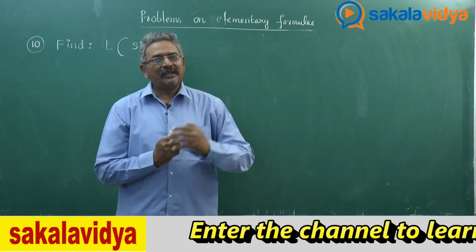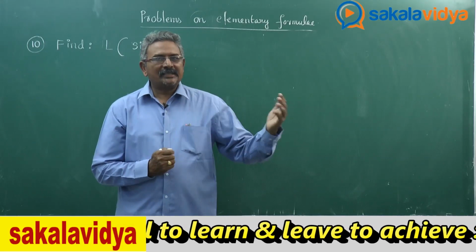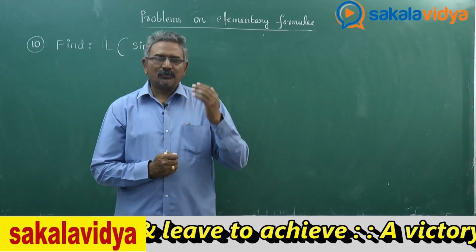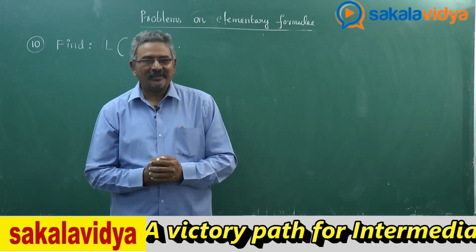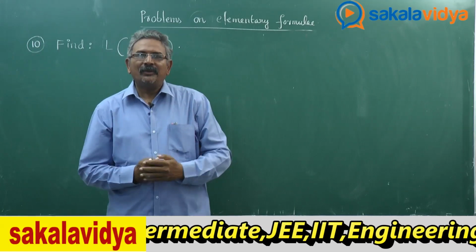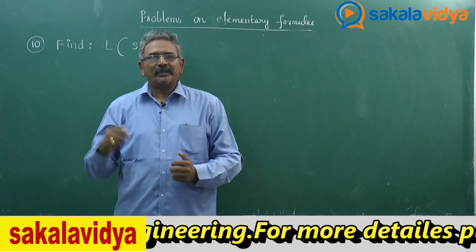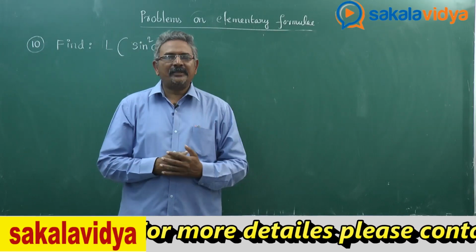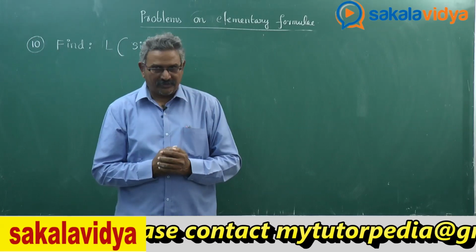From the multiple and submultiple angles chapter in trigonometry, which you might have studied in previous classes, 2 sin square theta is equal to 1 minus cos 2 theta, so sin square theta is equal to 1 minus cos 2 theta by 2. With the help of that formula, this can be put as an elementary function so that its Laplace transform can be evaluated.